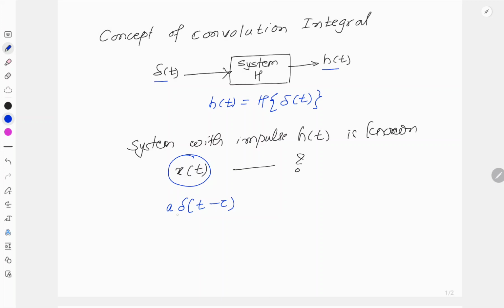If I have such kind of input and my system is an LTI system, for this corresponding equation, the output of my system will be a into h of t minus tau. Now this entire x of t signal, I want to represent in terms of this impulse function. When I represent x of t in terms of impulse function, I'll be applying the rule of impulse response to obtain my output.